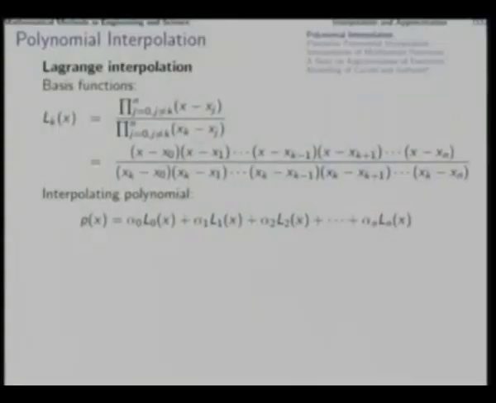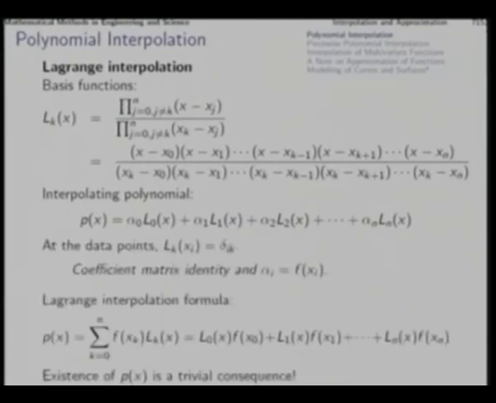Therefore, when we try to equate the function values at x0, x1, etc., at x0 we will have alpha 0 into 1 plus alpha 1 into 0 plus alpha 2 into 0, and so on. So, we will get alpha 0 into 1 is equal to f at x0. Immediately we get alpha 0 as the function value itself at x0. Similarly, alpha 1 will be the function value at x1 and so on.